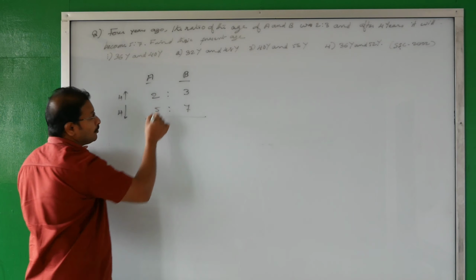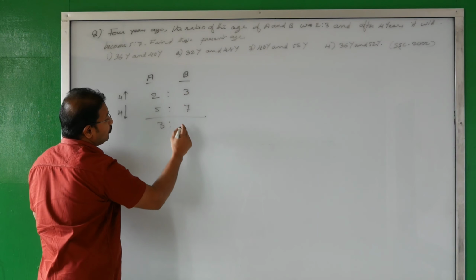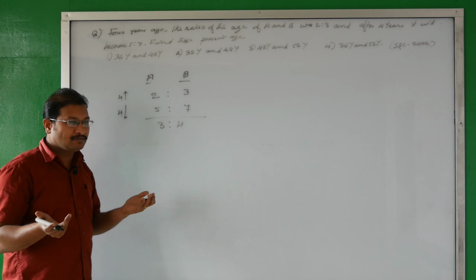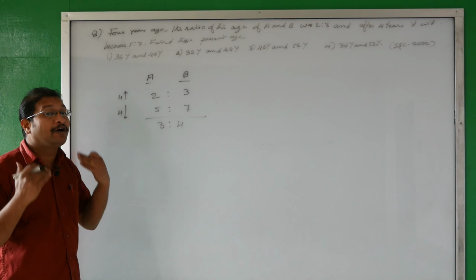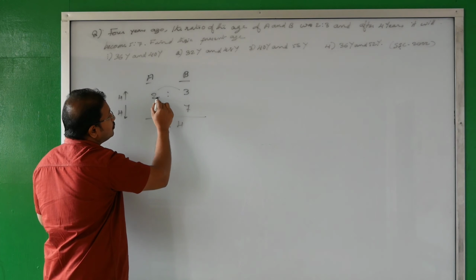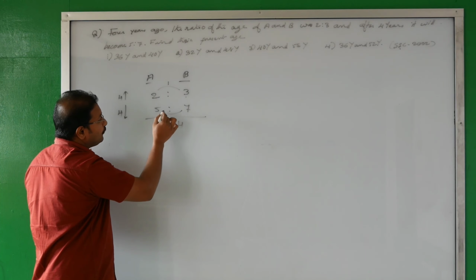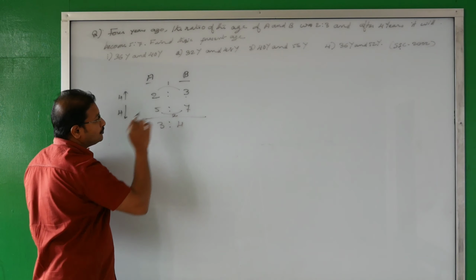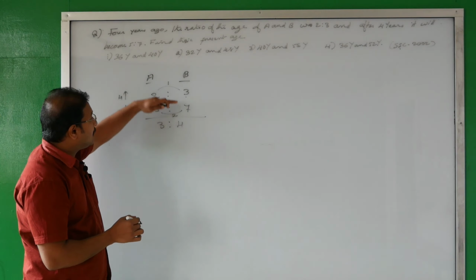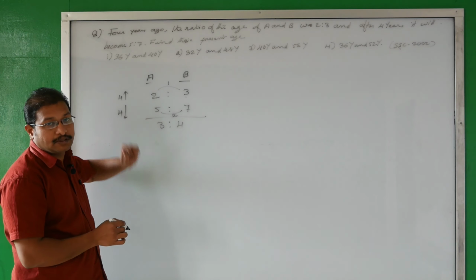Let's see the difference now. 5 minus 2, 3. 7 minus 3, 4. That means it's not the same, so we have to make it the same. See the difference here: 2 and 3, the difference is 1. 7 and 5, the difference is 2. So this 2 will multiply to the upside and the 1 will multiply to the downside.